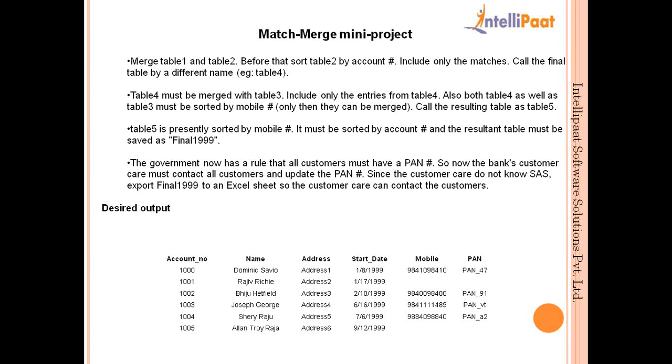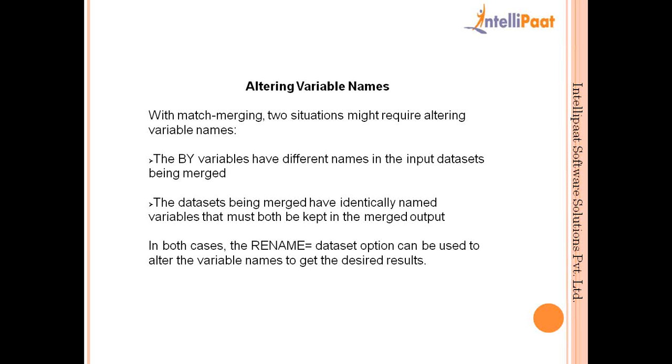The government now has a rule that all customers must have a PAN number. So now the bank's customer care must contact all the customers to update the PAN number. Since the customer care does not know, SAS exports final 1999 to an Excel sheet so the customer care can contact the customers.